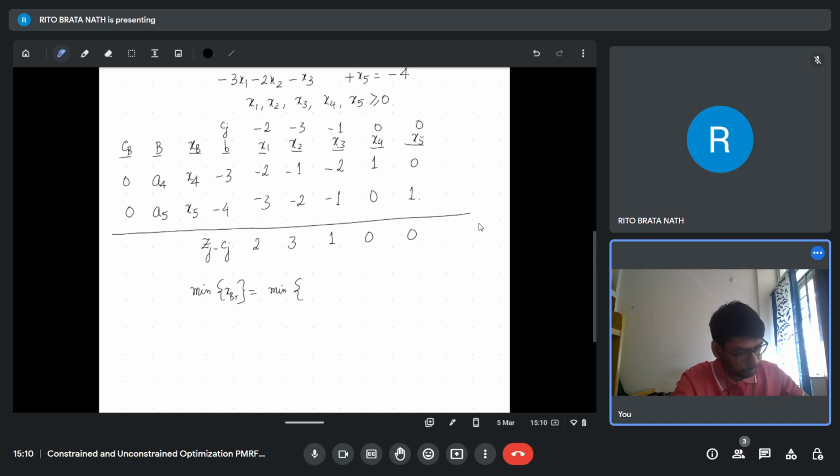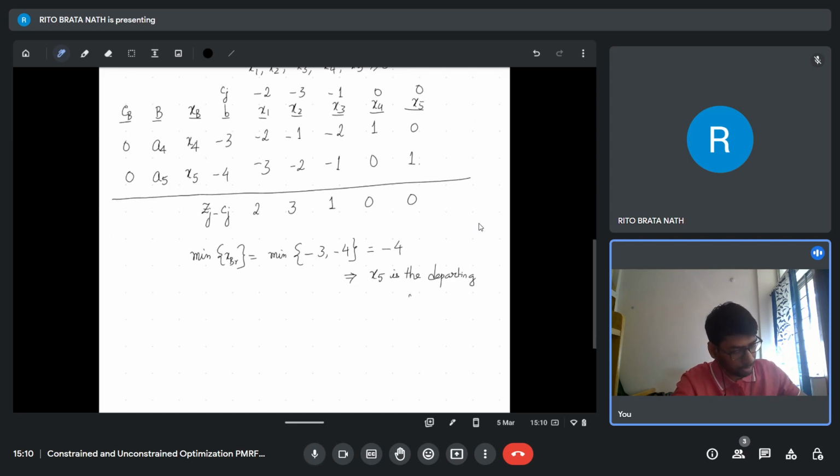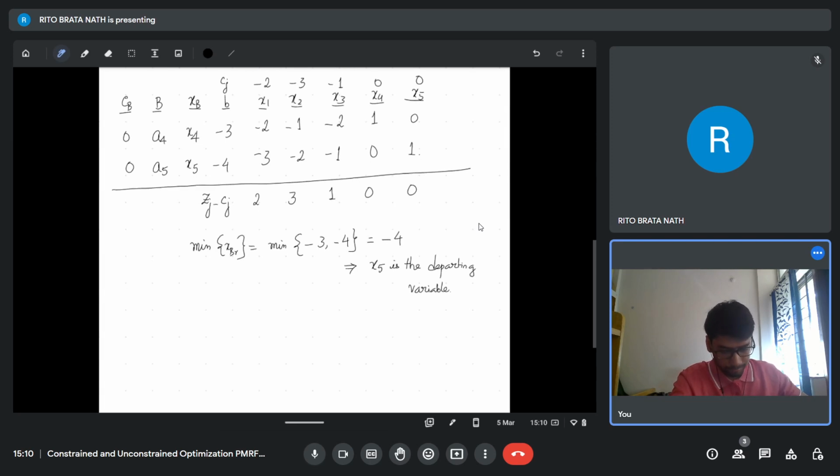One would be minus 3 and the other will be minus 4, right? So these are your right hand side and the minimum is minus 4. So you are picking the most negative one. So x5 is the departing variable, right? So this is your departing variable. Okay, so that's great.